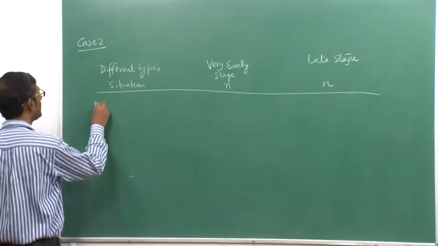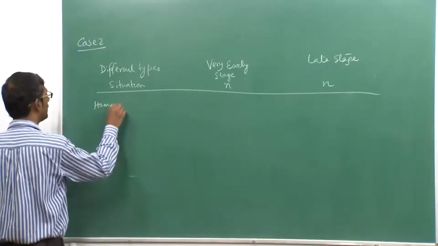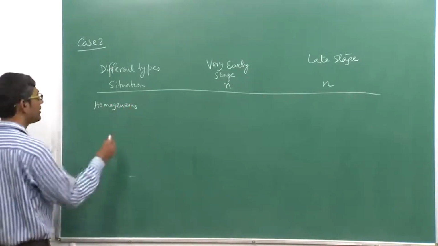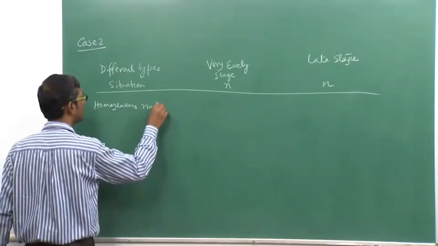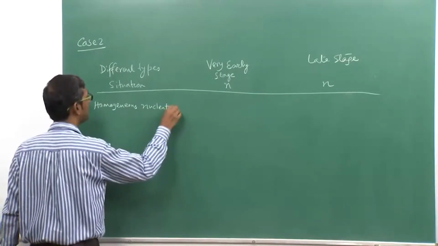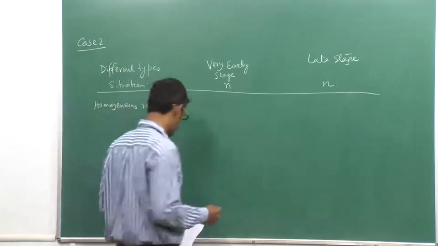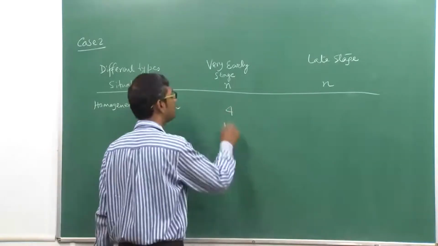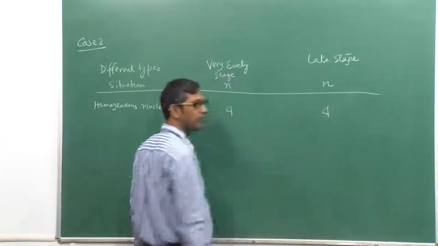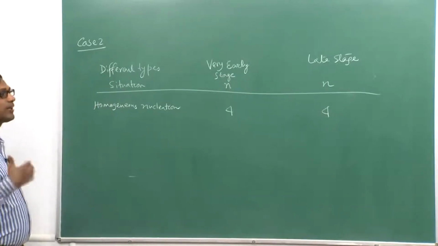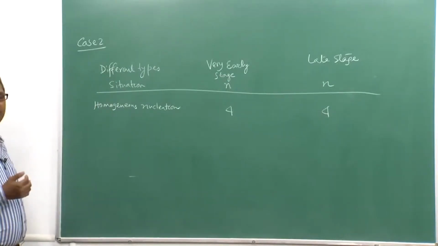So when you have homogeneous nucleation, which is very rare, the first one is homogeneous nucleation. It happens only in some very small cases. Early stage it is going to be 4, late stage also it is going to be 4. So nucleation happens well inside the grain, so it can grow in all directions obviously.